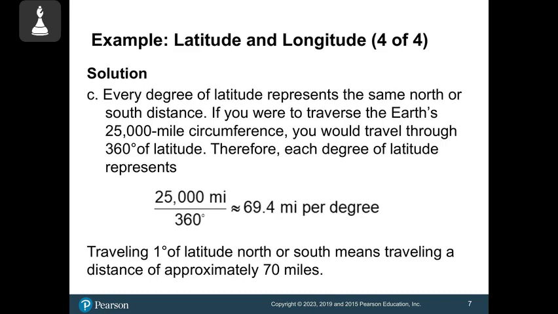So if I take 25,000 miles and divide by 360 degrees, it's going to tell me how much I would move every degree along the Earth. So 25,000 divided by 360 is 69.4 miles. So roughly 69 or 70 miles that I'm going to travel if I want to move just 1 degree of latitude north or south, or 1 degree of longitude east and west.